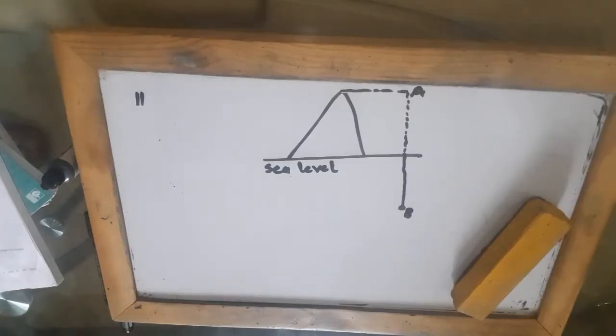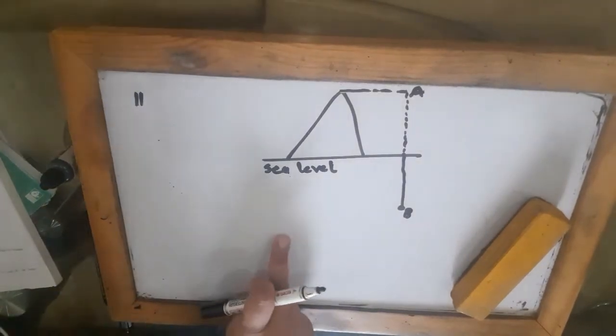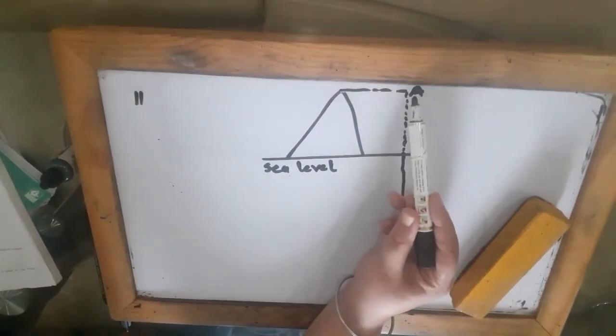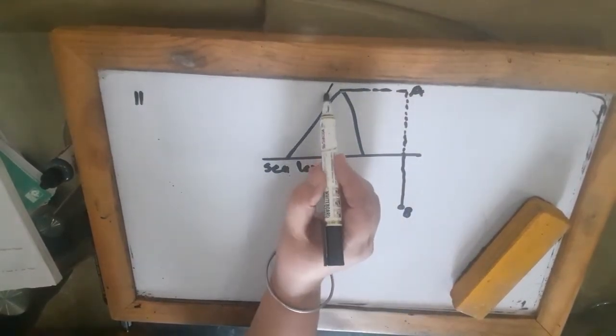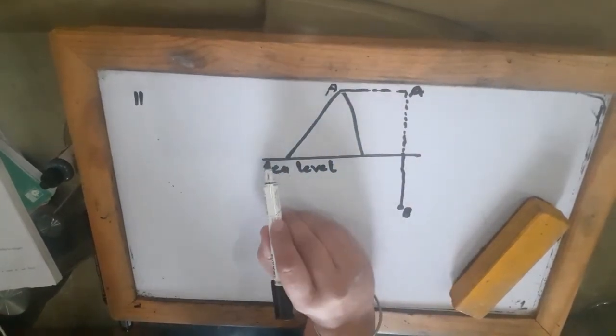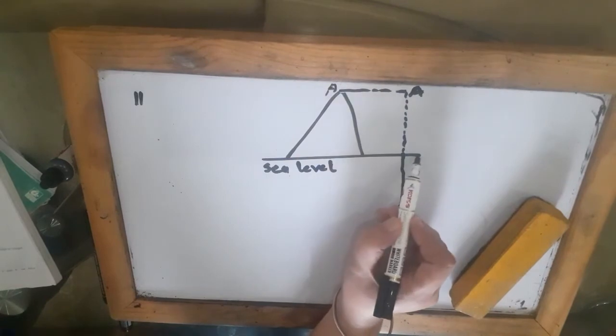Now I start with the 11th question. In this question you will see there is a figure given like this. They are saying the point A is on a mountain which is 5,700 meters above sea level. So this is the sea level.